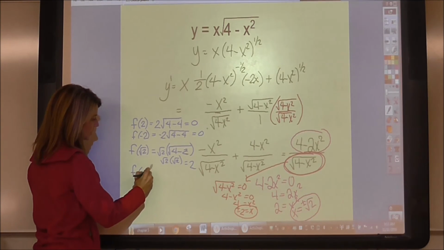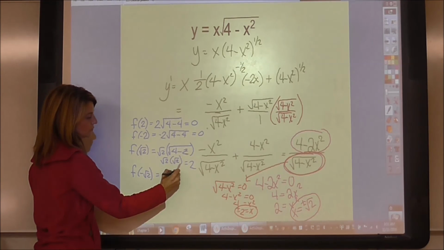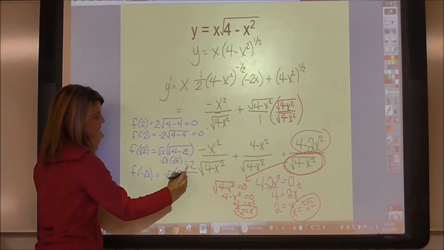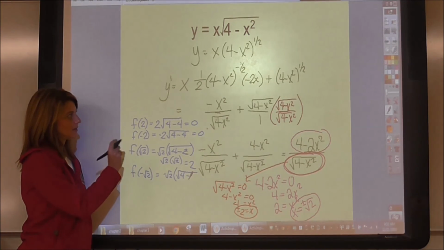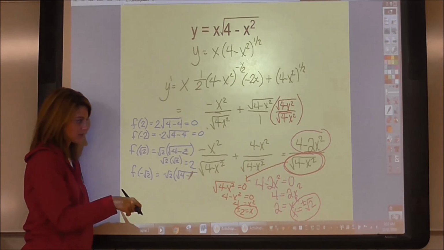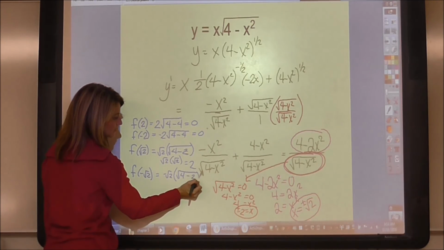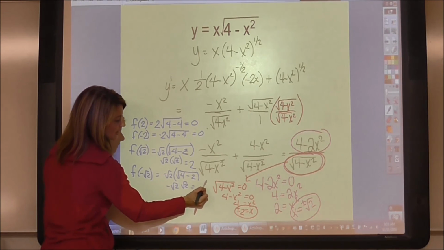Let's try the negative radical 2, right? So it says x, so you have negative radical 2, and you have square root of 4 minus, and let's see, if you square a negative radical 2, a negative times a negative is a positive, so we're still getting that 2 thing again. So I have a negative radical 2 times a radical 2, I'm getting a negative 2.